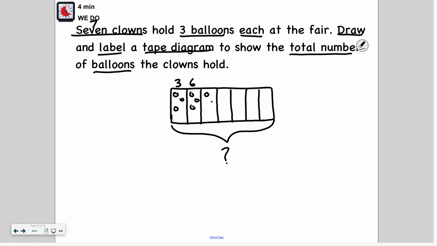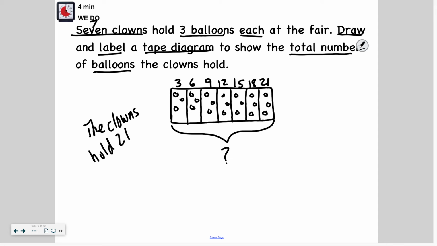So we keep going: 7, 8, 9, 10, 11, 12, 13, 14, 15, 16, 17, 18, 19, 20, 21. So the clowns hold 21 balloons.